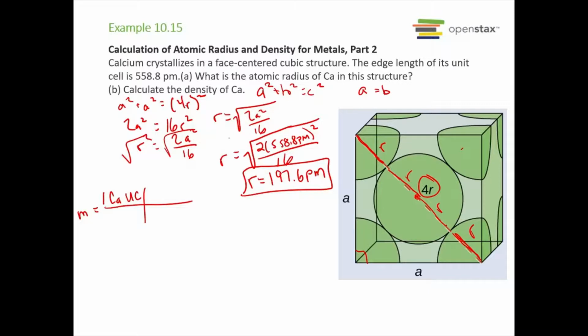And we know based off of what we talked about when we were discussing the face-centered cubic structure that there are 4 calcium atoms for every 1 calcium unit cell. And then we know that there is 1 mole of atoms, in this case calcium, per 6.022 times 10 to the 23rd atoms.